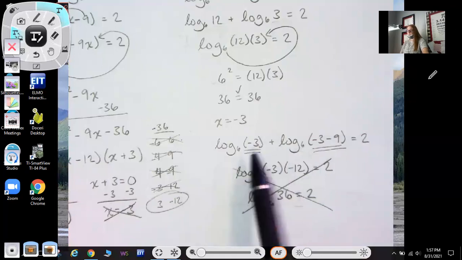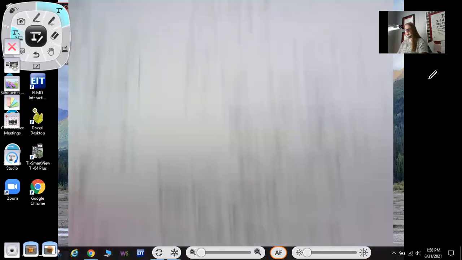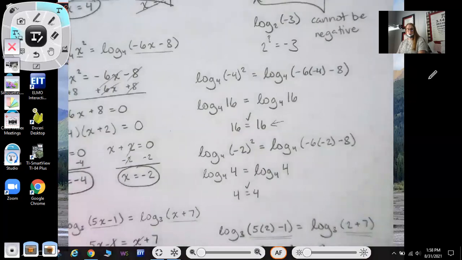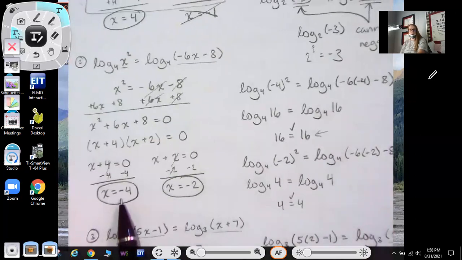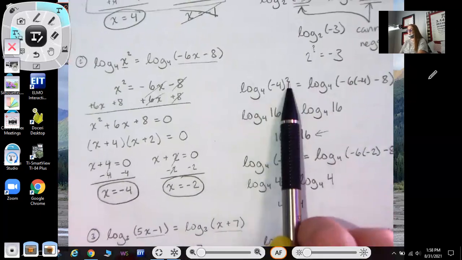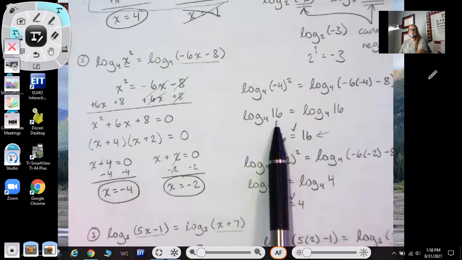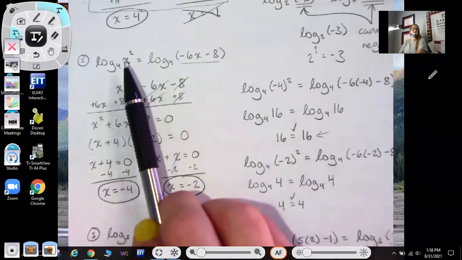We had to use a property of logarithms in order to basically force this to become positive. If you have to use a property to change the sign of something to be able to keep going, we're not doing that. Now, if you think about on the front page, those of you who were here, in example 2, we were checking x equals -4 as a solution, and we had -4 squared, which then gave us a positive 16. But that happened because that's how the problem is written. It's written as x squared.